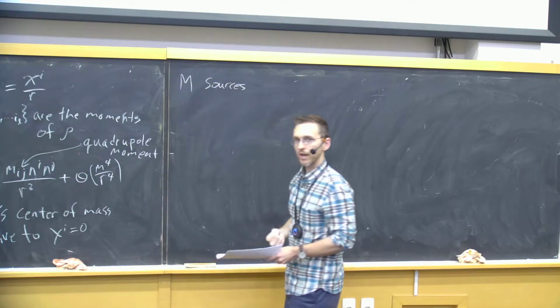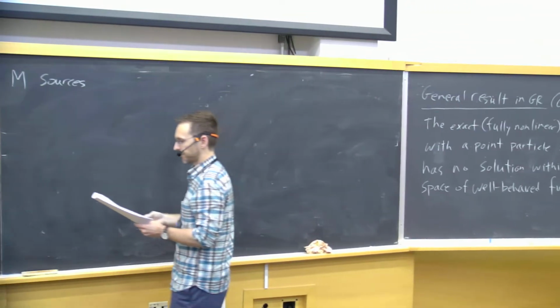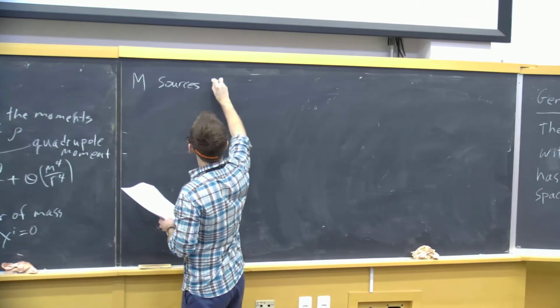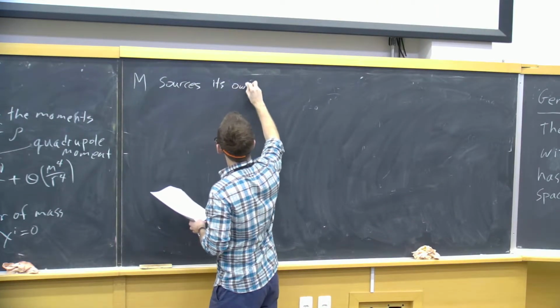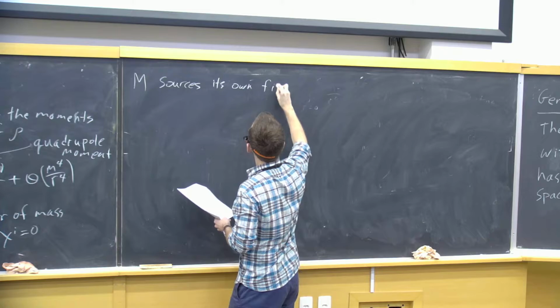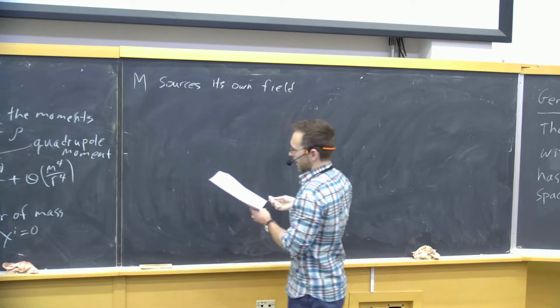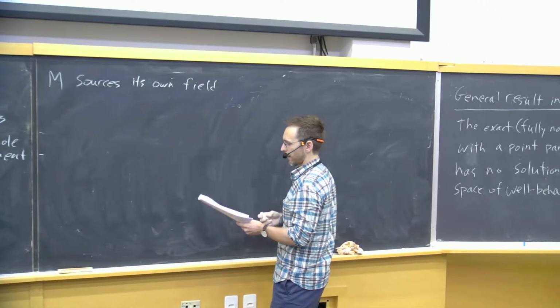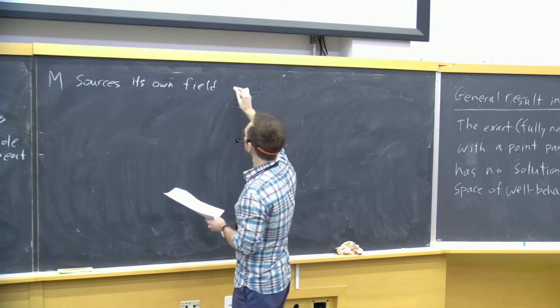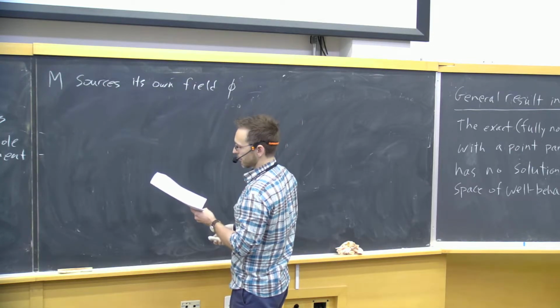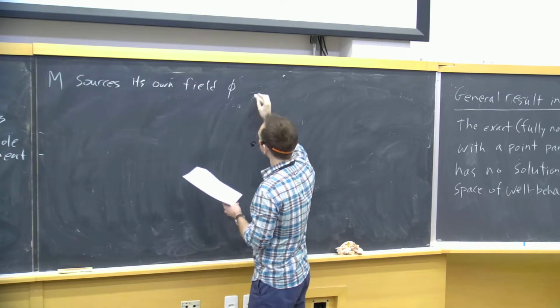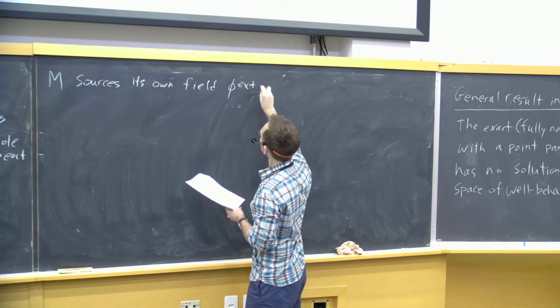sources another gravitational field, and because I'm interested in a region around the smaller object, I'm going to call this the external field, phi external.